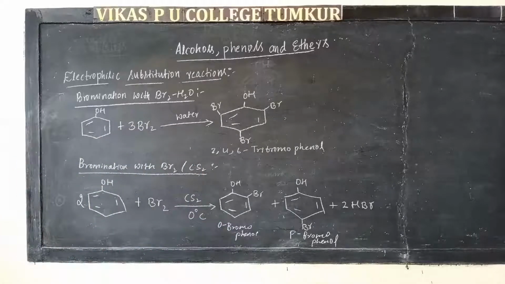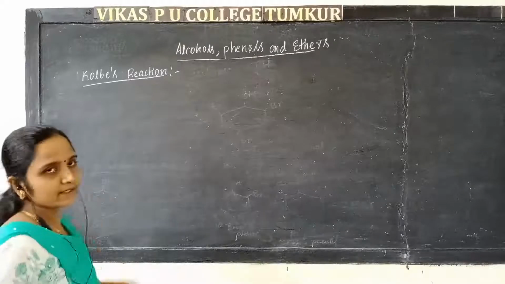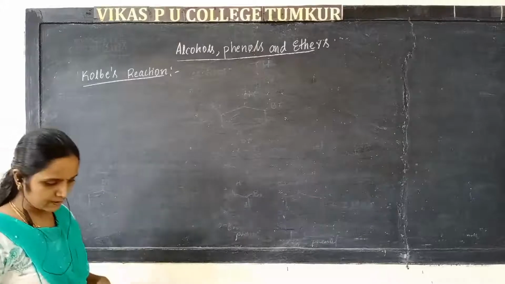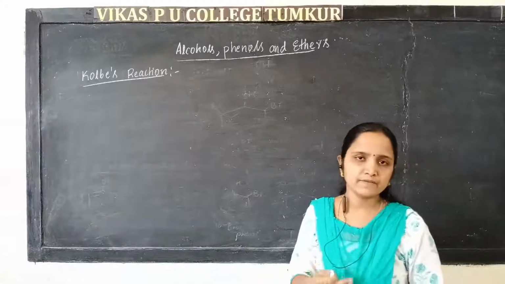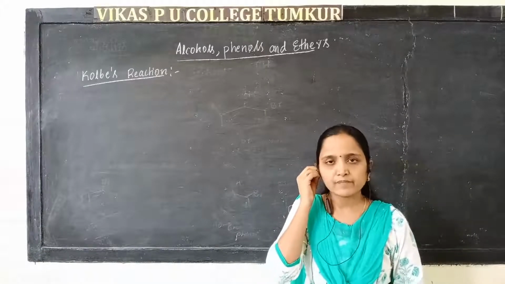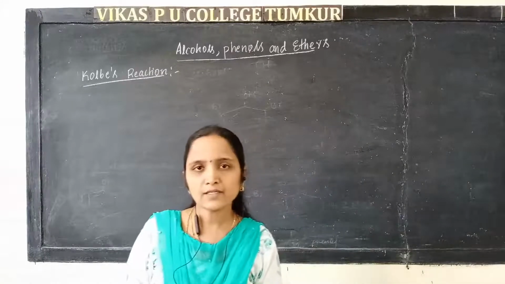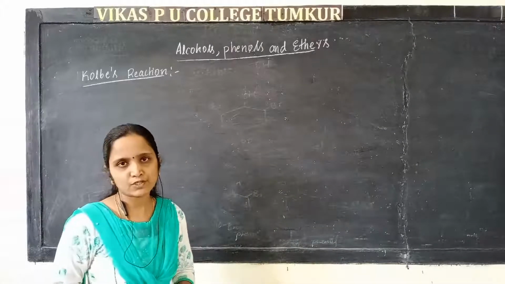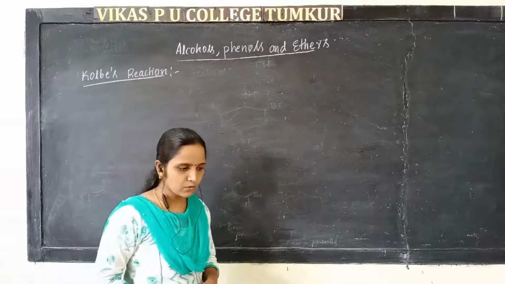Next, we discuss another important reaction, the Kolbe reaction. Phenol is treated with sodium hydroxide to give sodium phenate. This sodium phenate on heating with carbon dioxide at 140 degrees Celsius under 6 to 7 atmospheric pressure gives sodium salicylate.